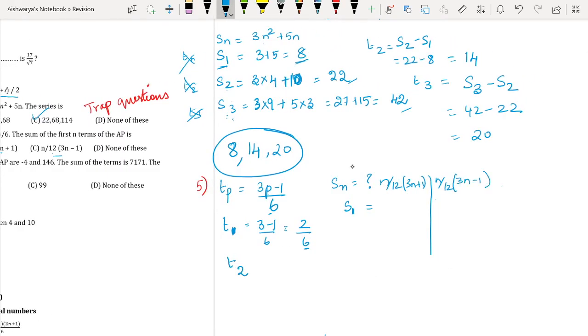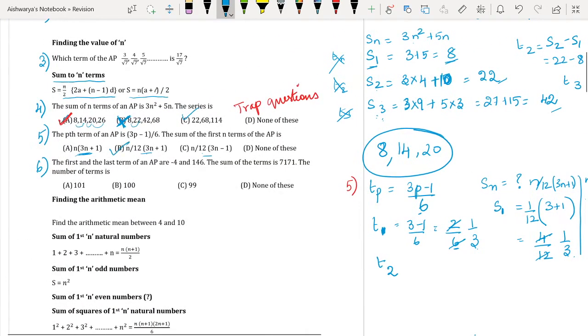Let me substitute 1 here. When I substitute 1, I get 1/12 within bracket 3 plus 1. 3 plus 1 is 4, so 4/12. If I simplify this, what I get is 1/3. If I simplify this also, I get 1/3. So my answer is option B.